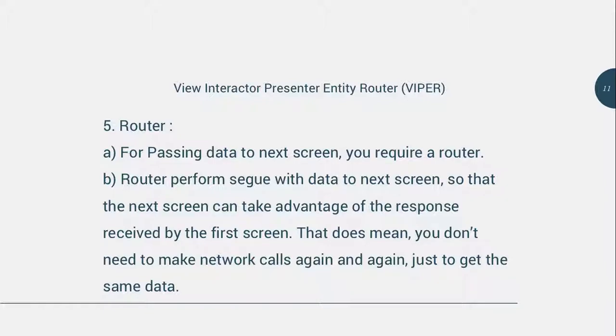It would create the object of those screens which it needs to pass the data to. Let's not go deep, but there is a router which simply takes the data and places it somewhere else, so that the other view controller doesn't need to perform another network call to get the same data. That's the logic.